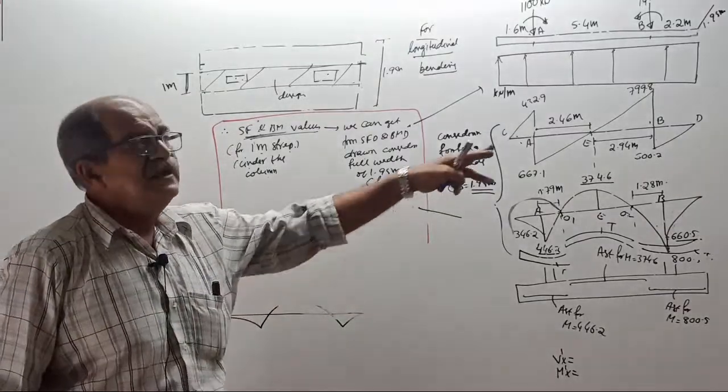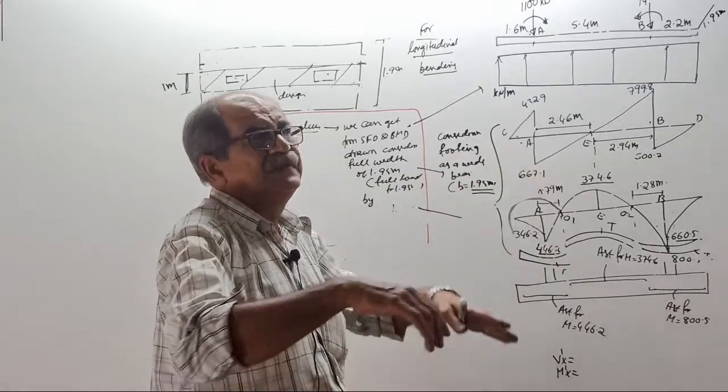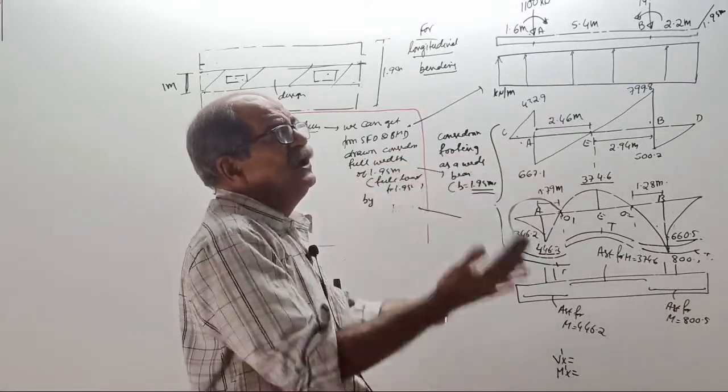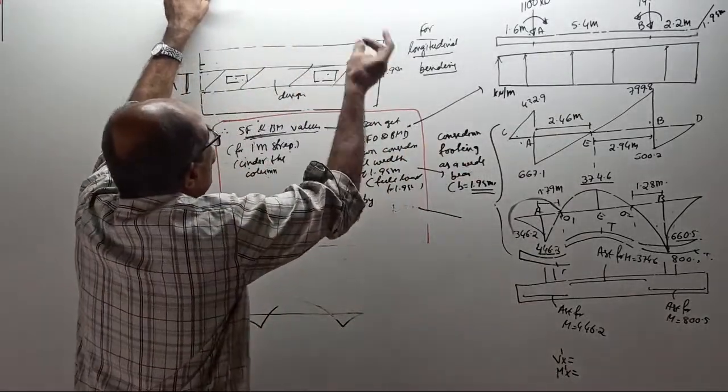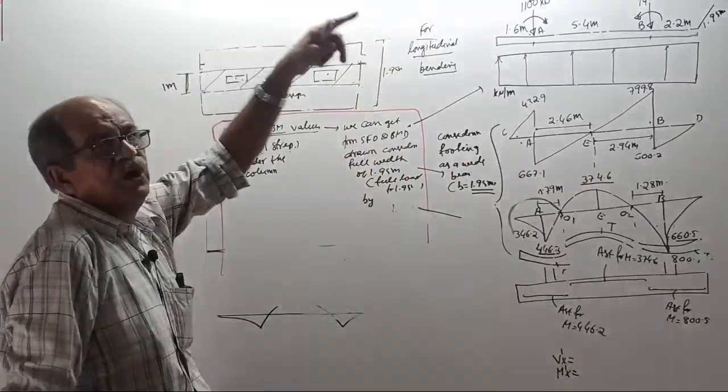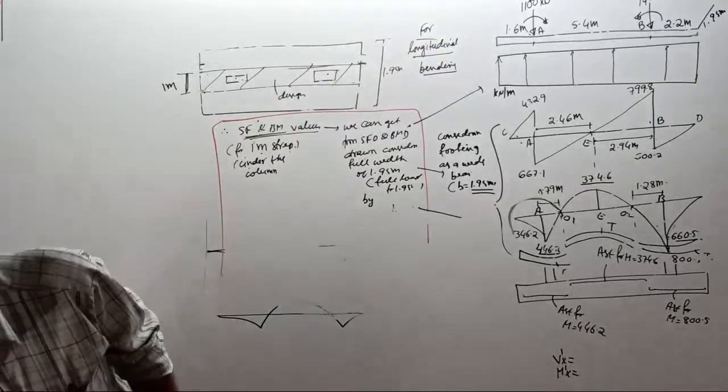Those are the SF and BM for when you consider loading for full width. But we want SF and BM only for the 1 meter strip. So by multiplying by 1.95 or dividing?